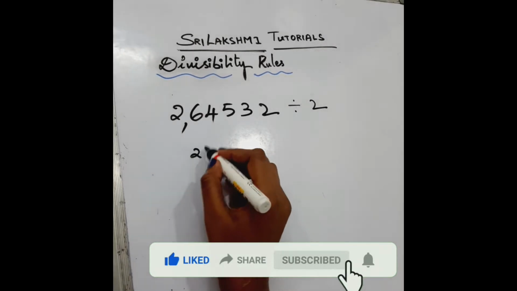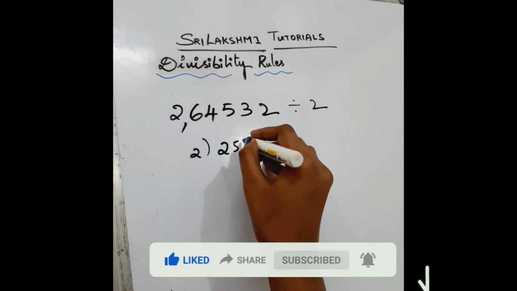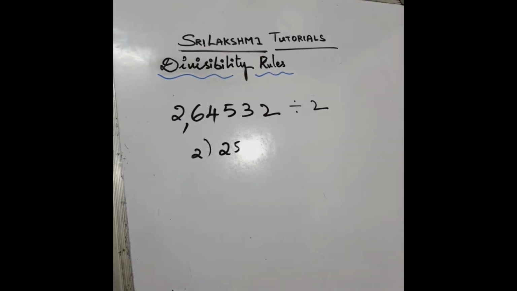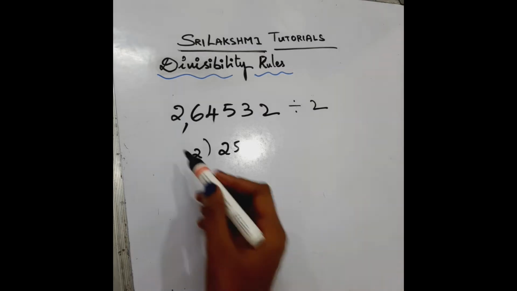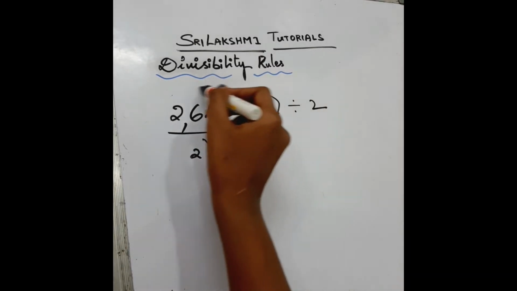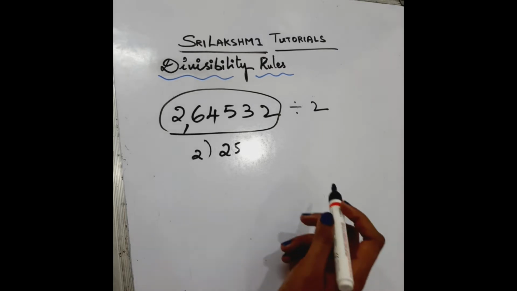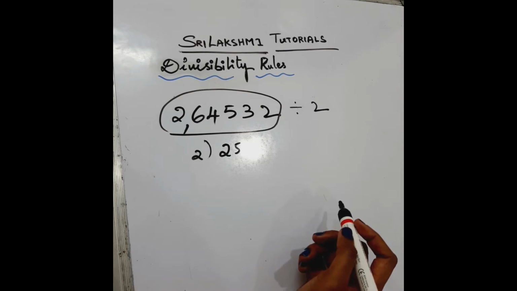You will take the divisor and write the dividend, so it takes a long process. By seeing the number, in a fraction of a second, you can say whether it is divisible by 2 or not. So we have some conditions to check this. Okay, let us see what that rule is.